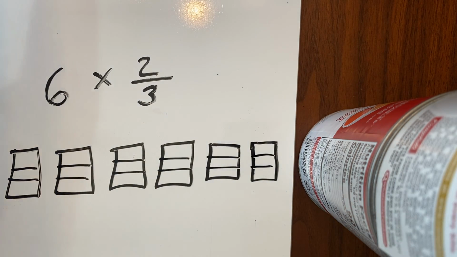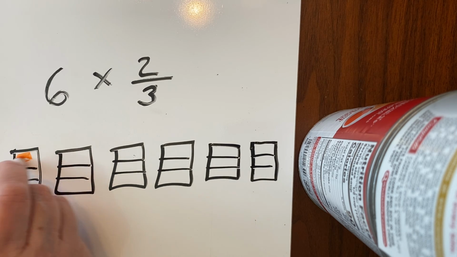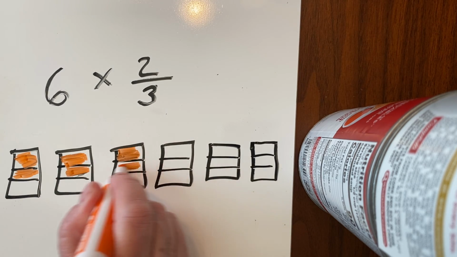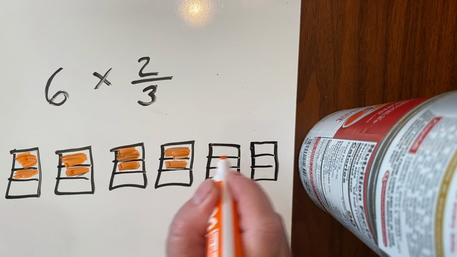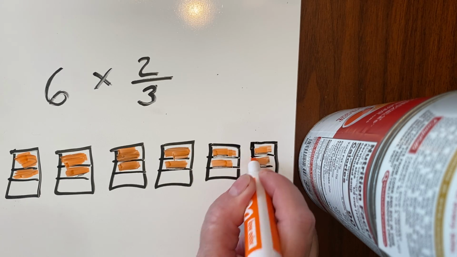And I'm going to color in 2/3 of each block. So I've got this colored in, this colored in, this colored in, this colored in, this colored in, and this colored in.